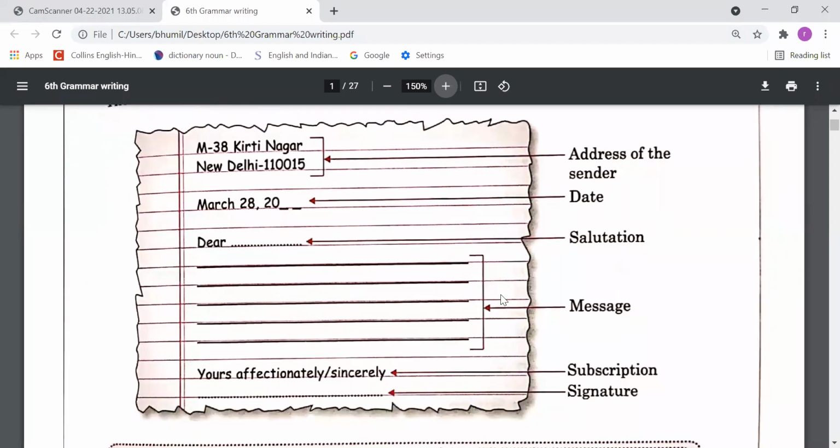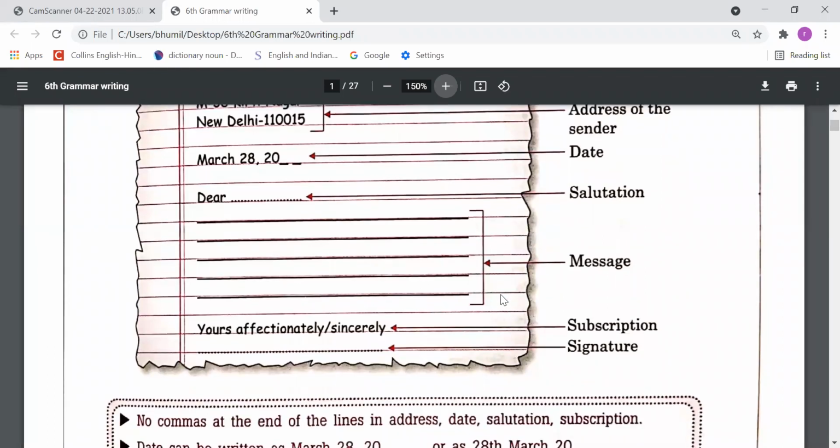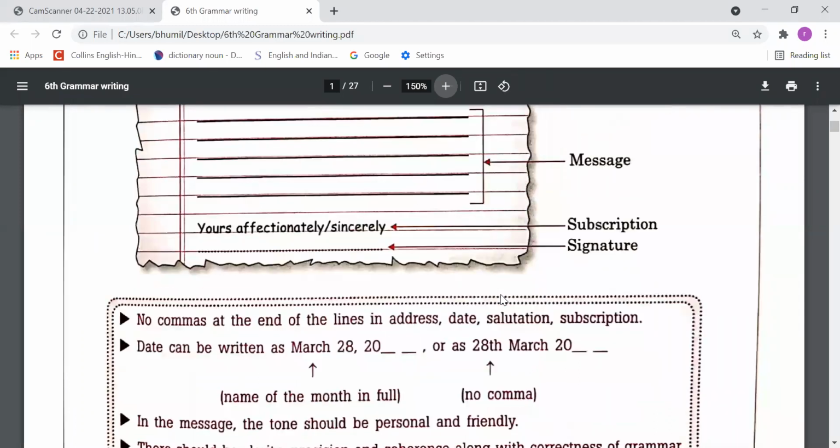Then the message, whatever message you want to convey. After that, just before the ending, you need to mention the subscription. After the subscription, you mention your signature. So this is the format of an informal letter.